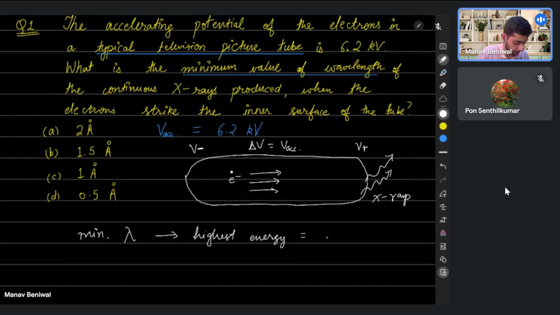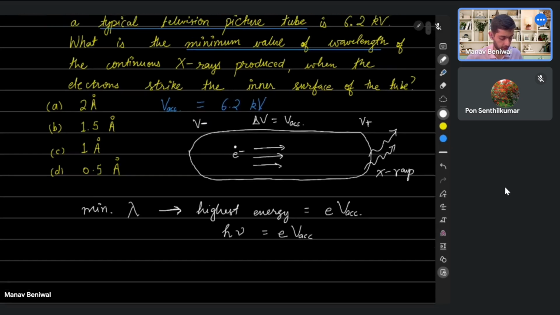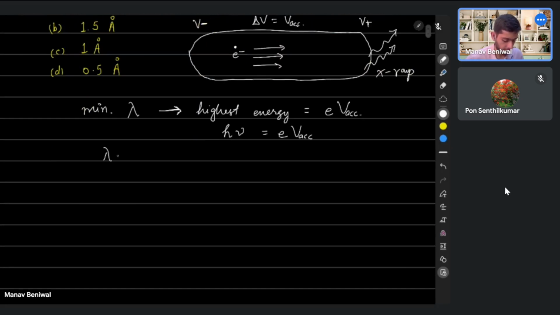This is nothing but e times V acceleration, correct? And in terms of photon energy, this will be h nu. So h nu will equal e times V acceleration. And now we know that our lambda is given by c by nu, right?